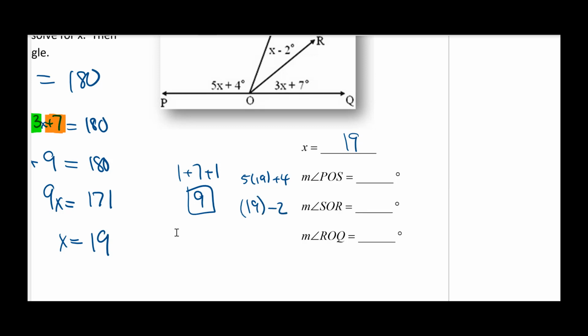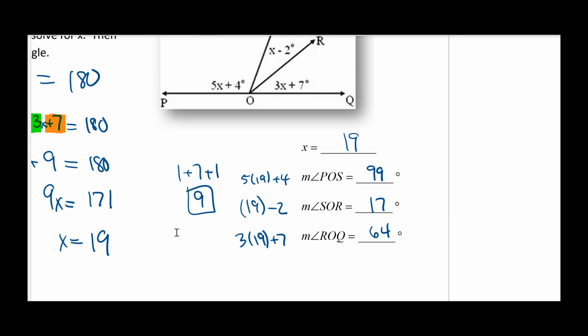And for angle ROQ, that was 3 times 19 and then plus 7. When I calculate those values one at a time, I'll come up with 99 for angle POS, 17 for angle SOR, and then the measure of angle ROQ is 64.